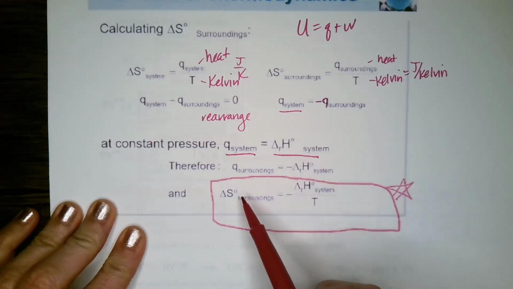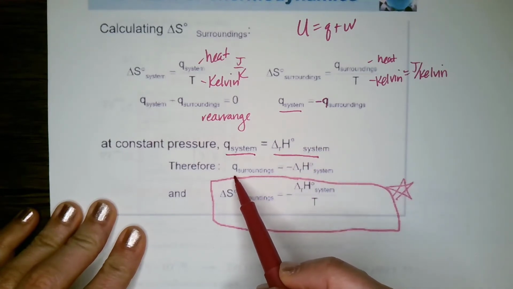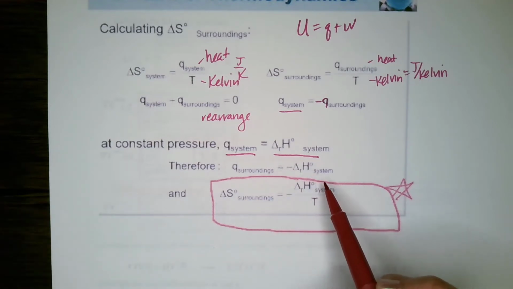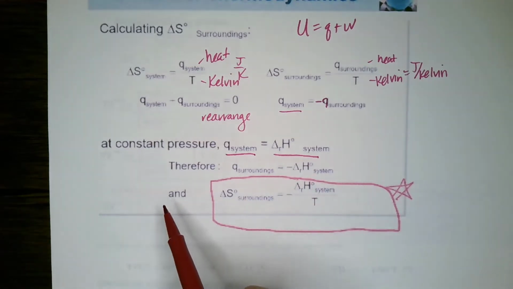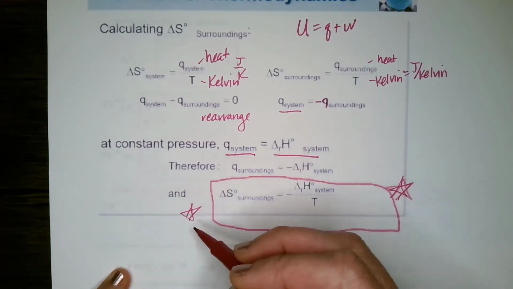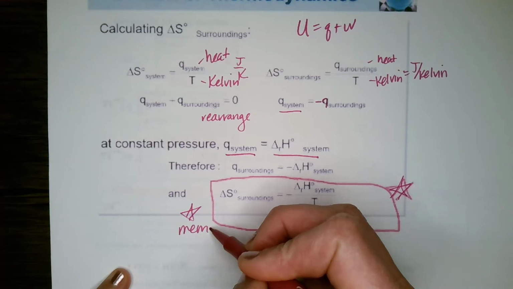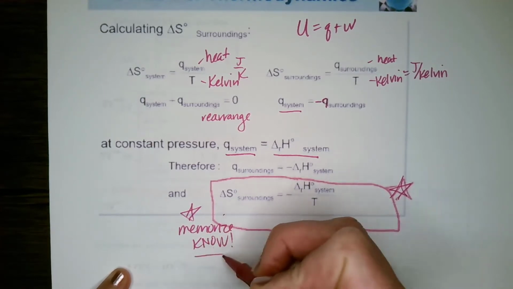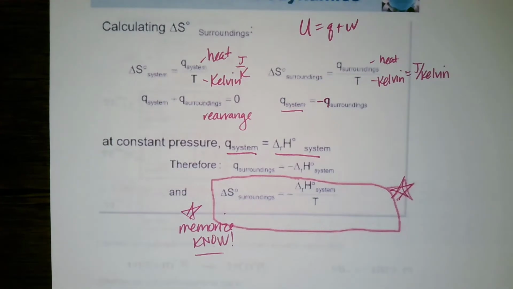The heat of the system is equal to the change in enthalpy of the system. So therefore, the Q of the surroundings is equal to the opposite of the enthalpy of the system. And therefore, and this is the important one, the one that we need to memorize and know for testing purposes, I'd like to know how to calculate the entropy of the surroundings.